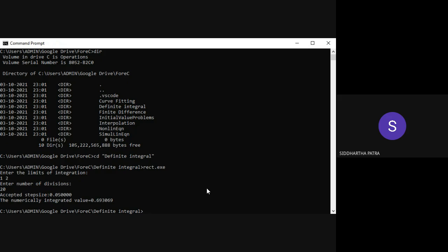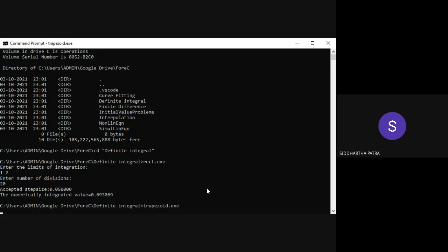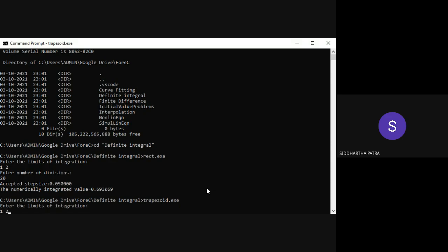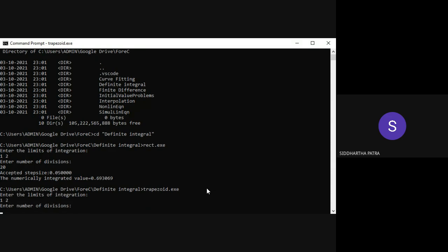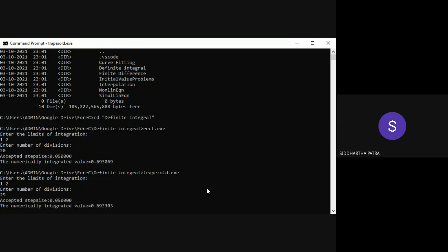Okay. So let's try now the trapezoidal rule. Everything remains the same, function and same number of divisions. Let's try something more. If I take 25, what does it do? It sets it to 20 and takes a step size of 0.05, and it gives you a value of 0.693303.